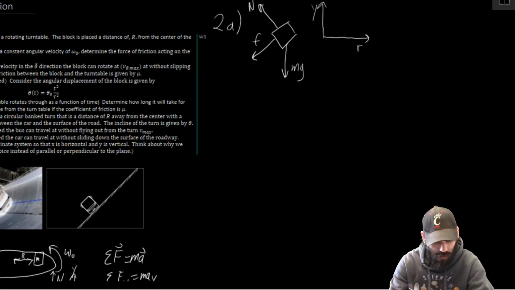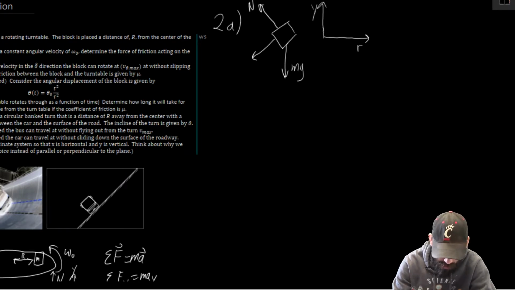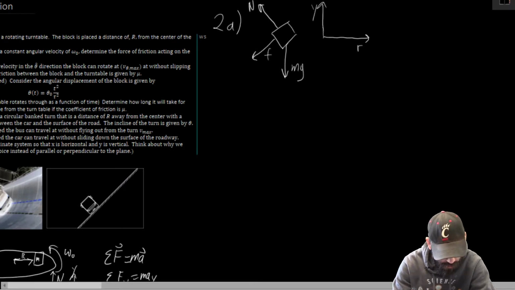Next, in order to get things in this coordinate system, I'm going to write my f right here, because this is the way I tend to like to break these down. I like to draw these in different colors, so let's draw this along the r direction.